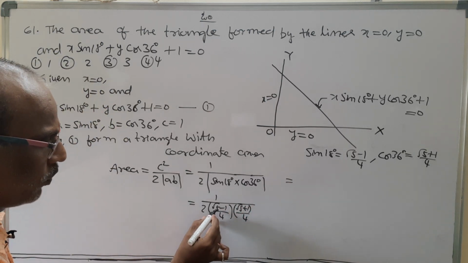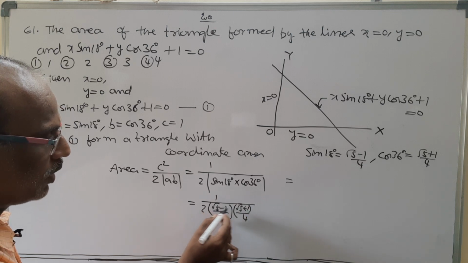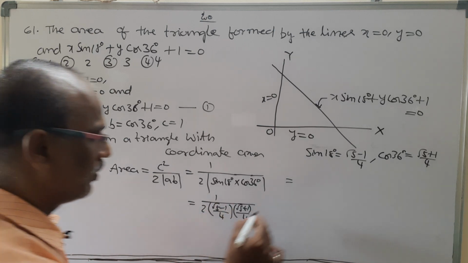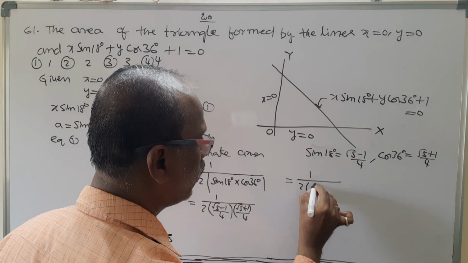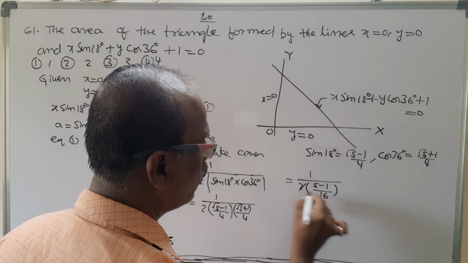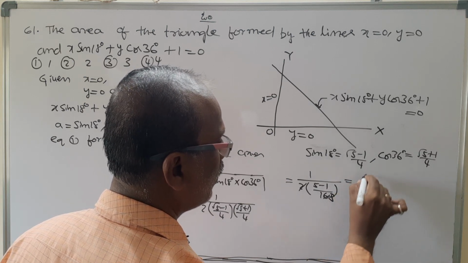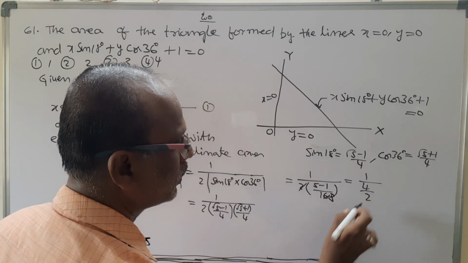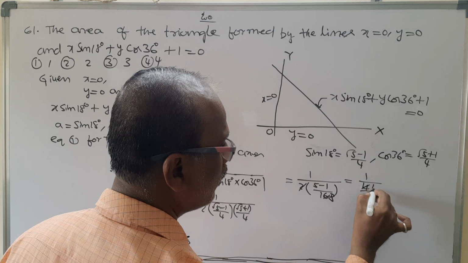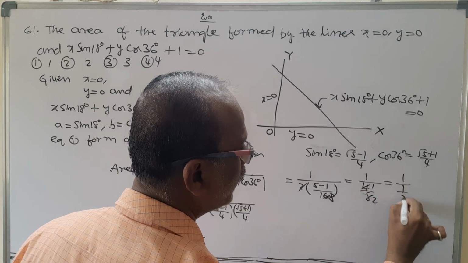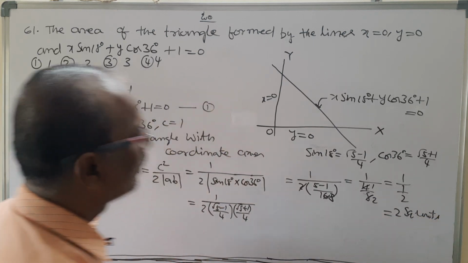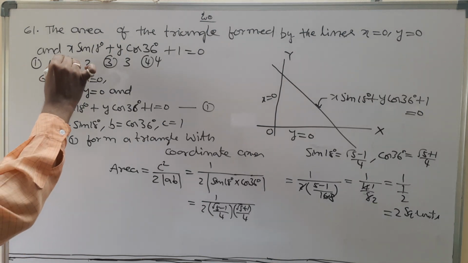Here root 5 minus 1 times root 5 plus 1 is a square minus b square, root 5 whole square minus 1, that is 5 minus 1. 1 by 2 into 5 minus 1 is 4, 4 into 4 is 16. Simplifying, 1 by 1 by 2 is equal to 2 square units. That is, the second option is right.